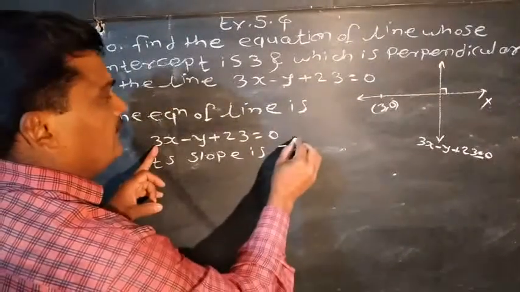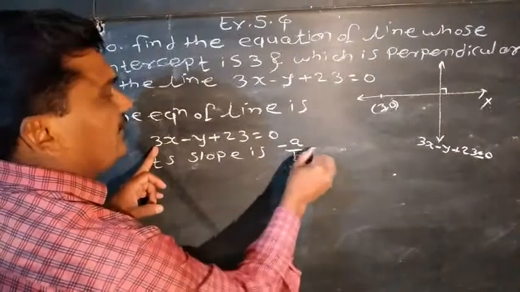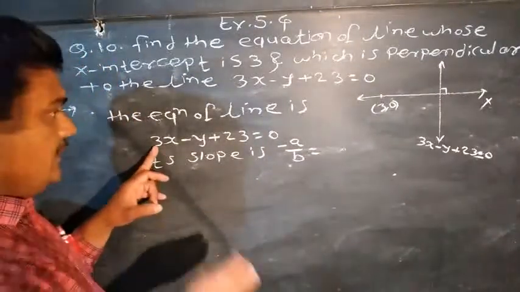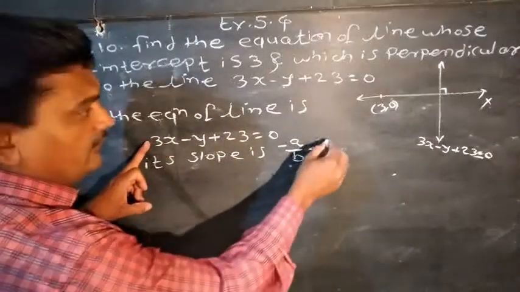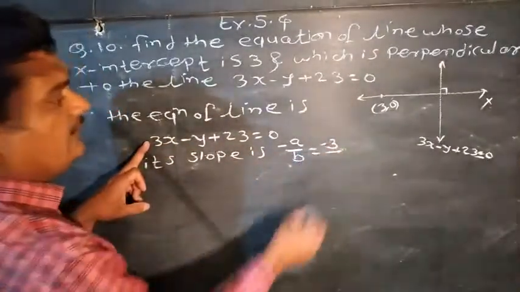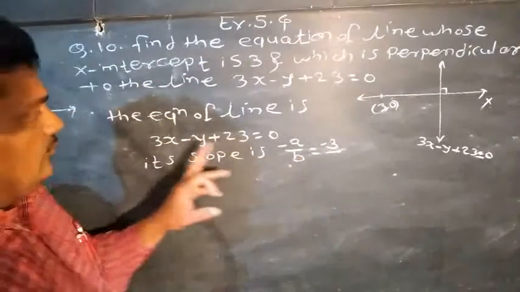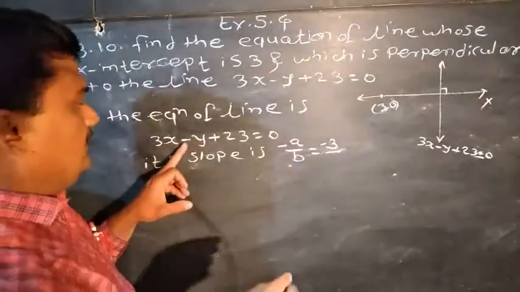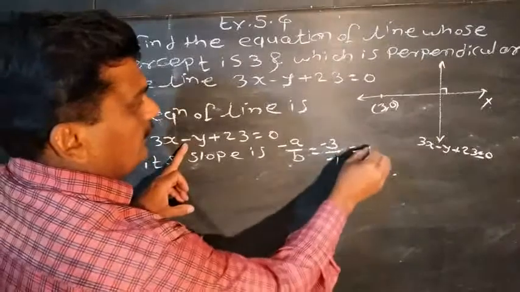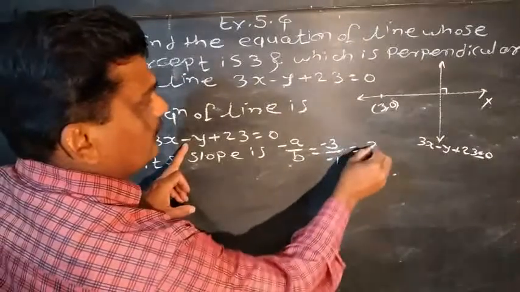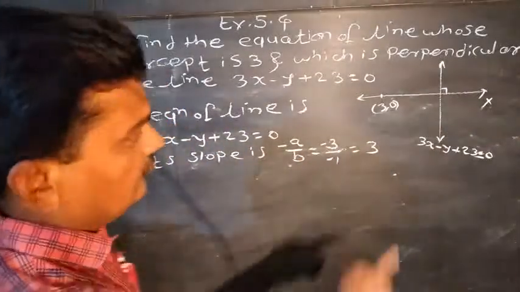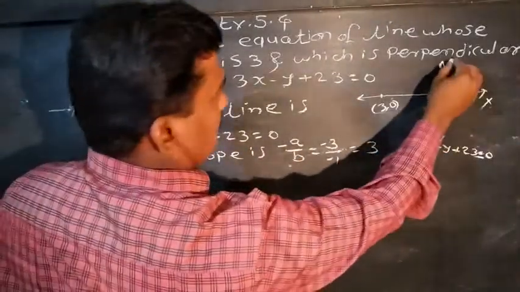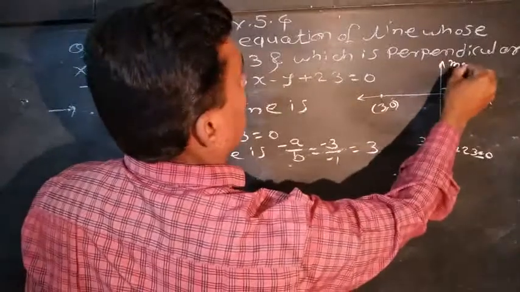Next, put the values of a and b. The value of a is the x coefficient, 3, and b is the y coefficient, minus 1. Minus divided by minus is plus. The slope of this line is m is equal to 3.